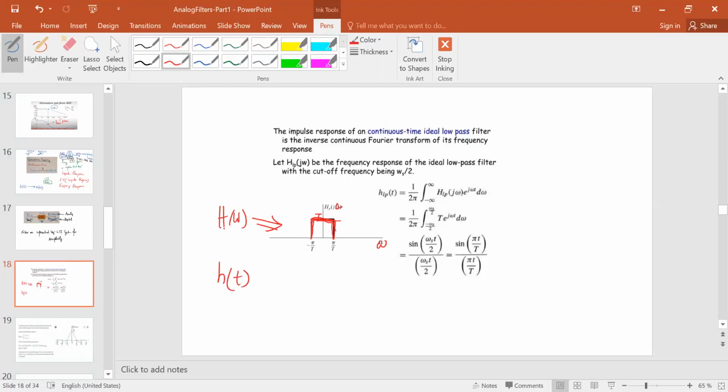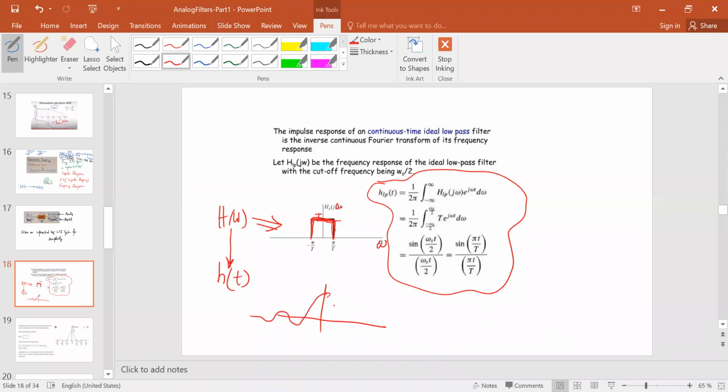So in order to go from frequency response to impulse response, we will do what is known as inverse Fourier transform. If I apply this inverse Fourier transform, you will find that our frequency response becomes a sinc function when we go to the time domain.